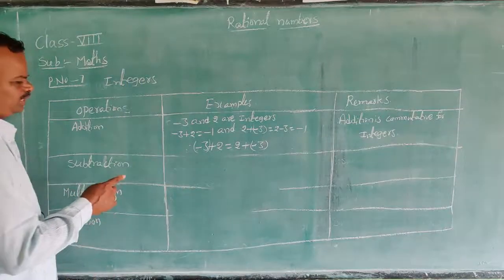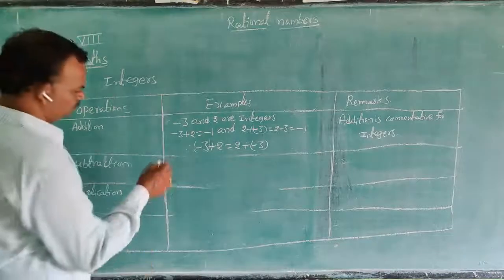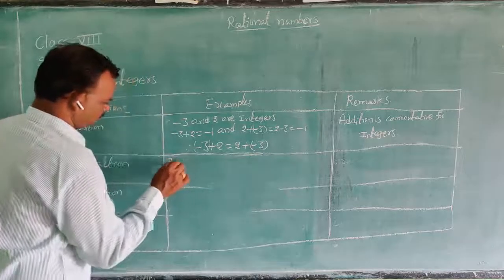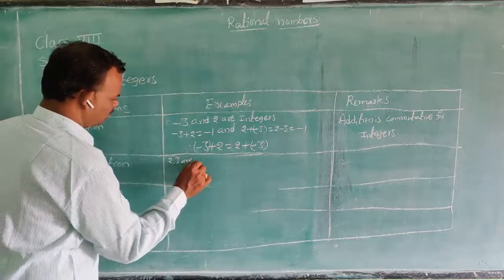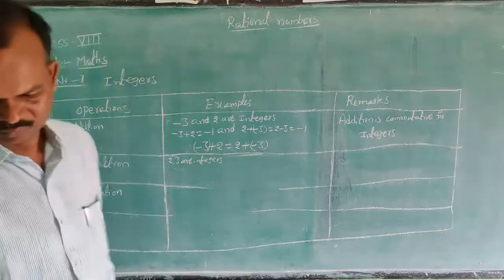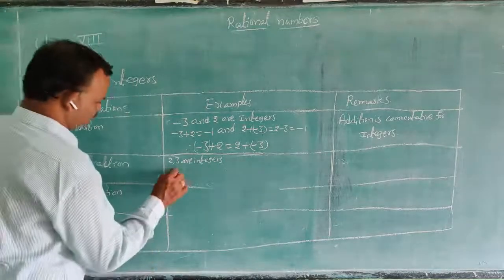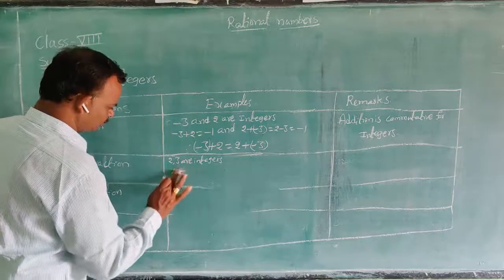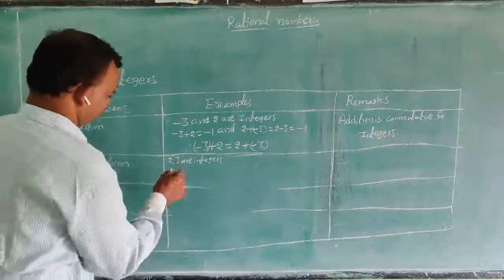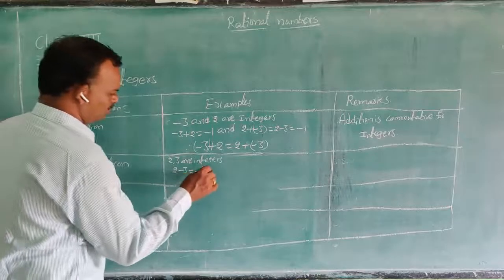And next is subtraction. Here 2 and 3 are integers.